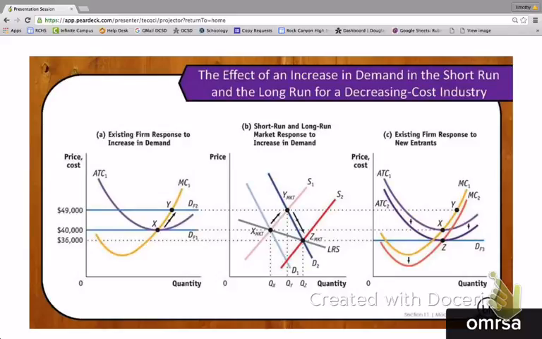Instead of that being point X, as it was originally, it will now be point Z. So the price will settle back down below the original price of $40,000 to maybe somewhere around $30,000. And you can see in panel B the effect that has on the long-run supply curve, leading it to be downward sloping.